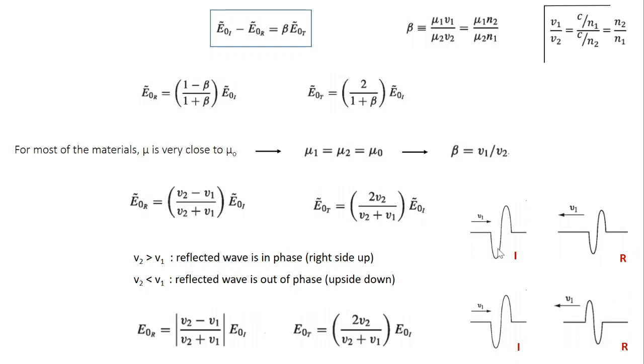Similarly, a negative peak here corresponds to a negative peak here. In other words, the incident and reflected waves are in phase. On the other hand, when v2 is less than v1, this is a negative correlation, meaning a positive peak on the incident side corresponds to a negative peak on the reflected side. In other words, the incident and reflected waves are out of phase by a factor of pi.